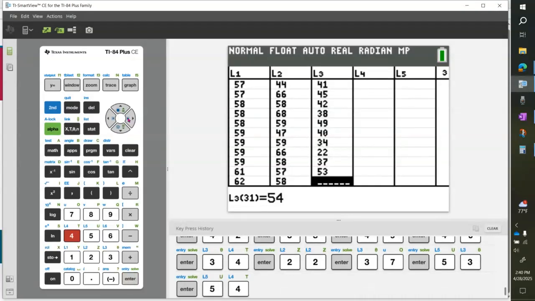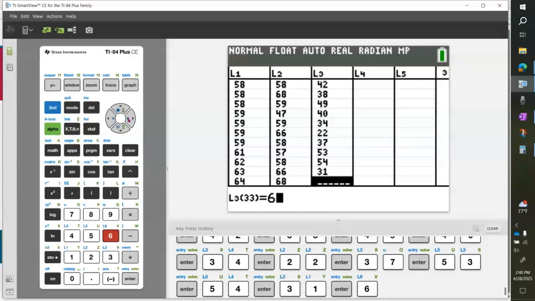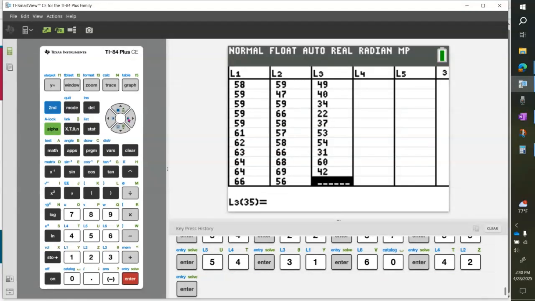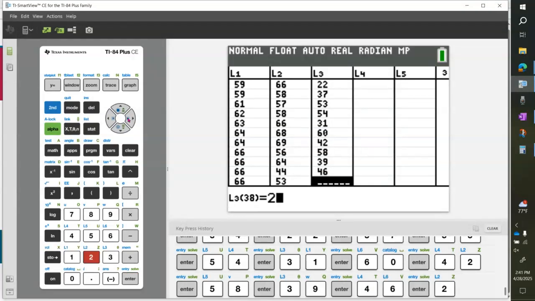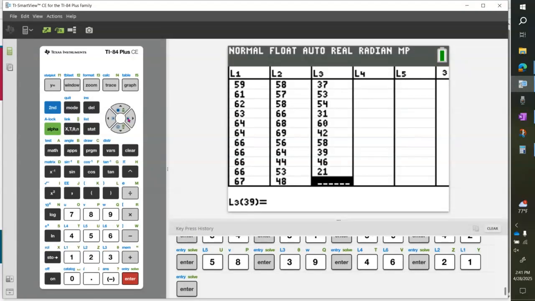And then 54, 31, 60, 42, 58, 39, 46, 21, 62, 46.